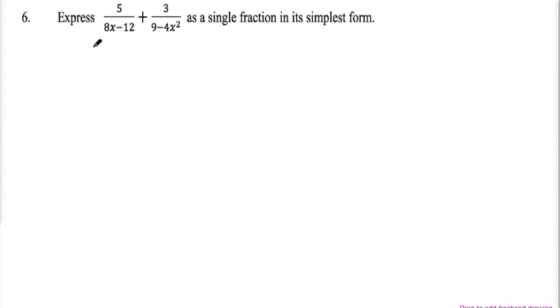In question 6, we must add two fractions. Before we add the fractions, we need to examine whether the x terms are in the correct order. In the first fraction, the x term is in front, and in the second fraction, the x term is behind. Therefore, the first thing we do is to make the x term in front.